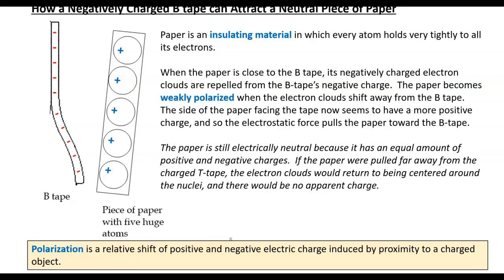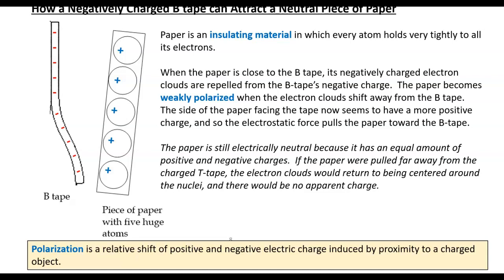Let's also look at the situation where a negatively charged B-tape could attract that neutral piece of paper. Okay, so again, paper is an insulating material, and so we're representing the paper by drawing circles to represent 5 huge atoms on that piece of paper.